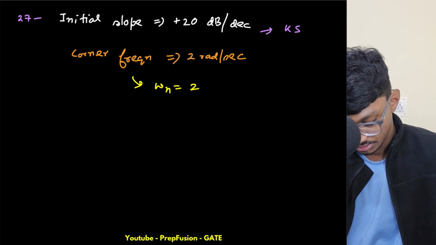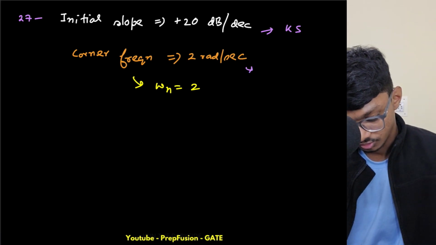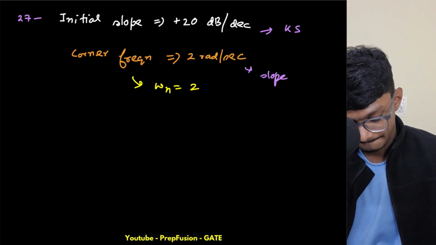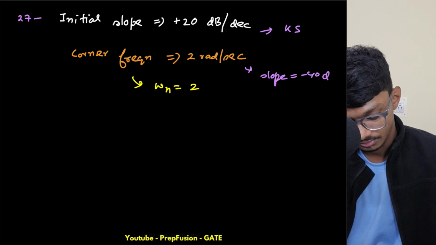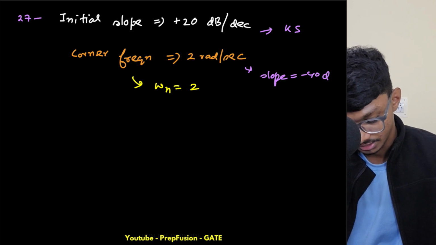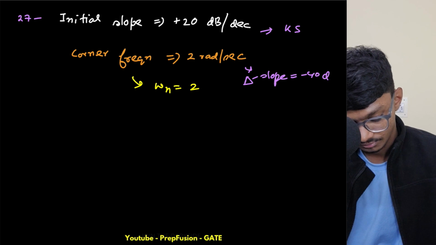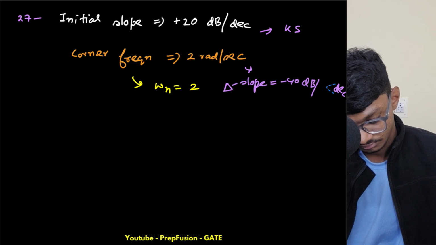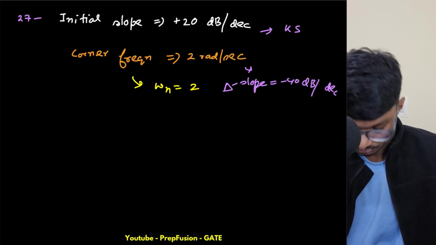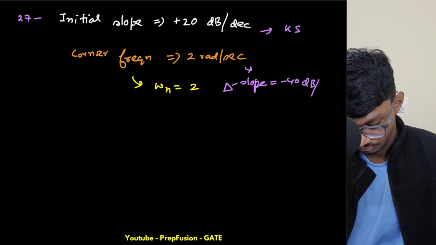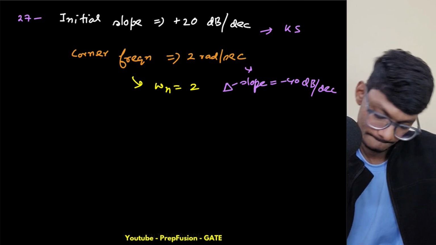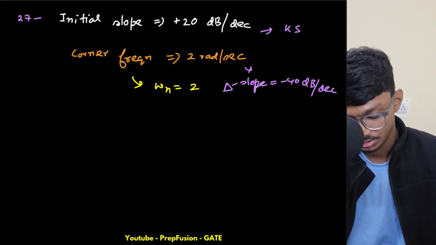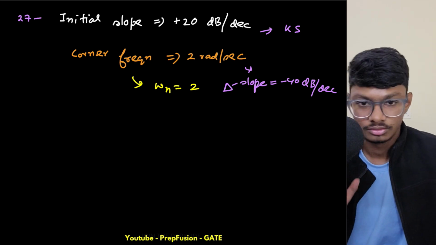Then due to this, the change in slope, delta slope, is minus 40 dB per decade. So my slope is minus 40 dB per decade.